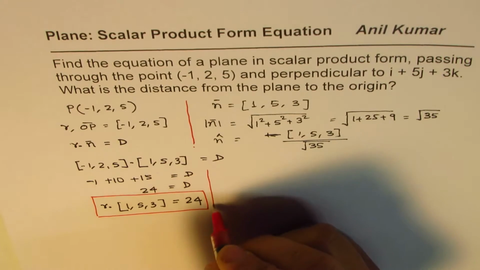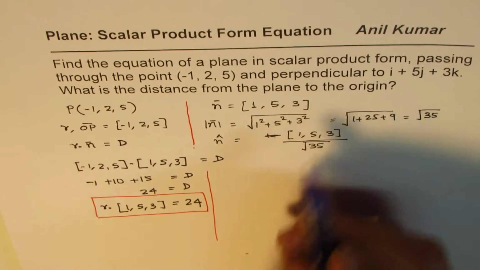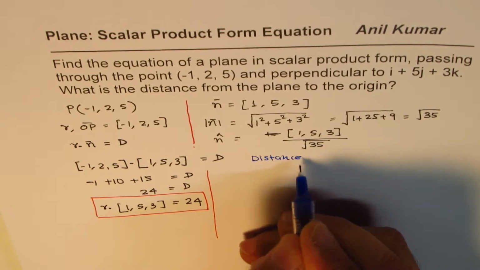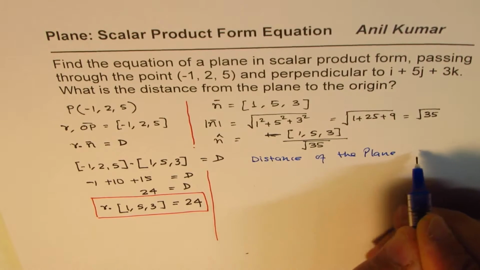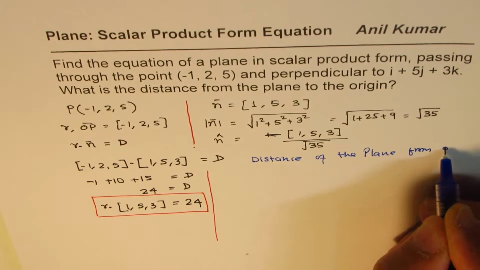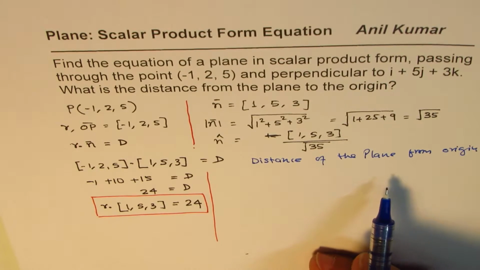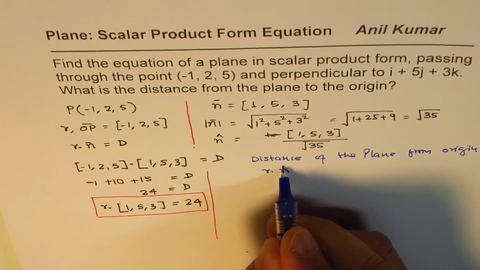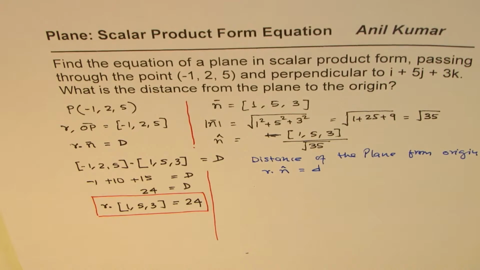Now the second part of this question is to find the distance of the plane from the origin, right? Now as far as the distance is concerned, we know r dot n unit vector is equal to the distance from the plane, right?